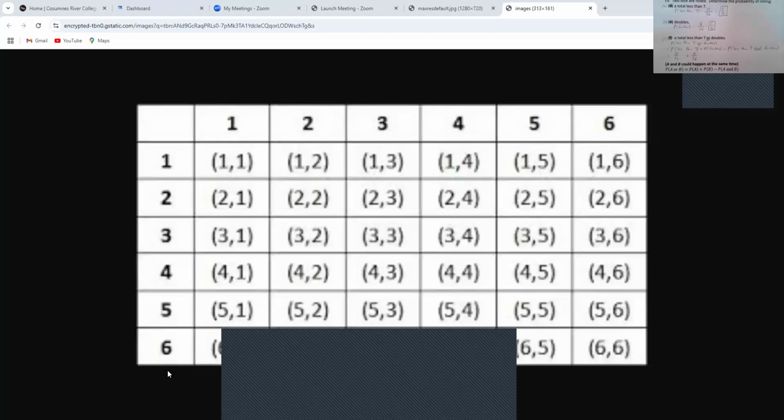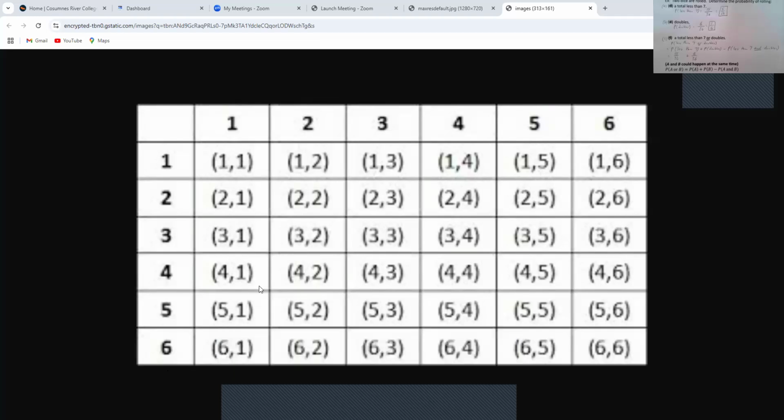So remember the ones that added up to something less than 7 were these 15, sort of on the upper left that I'm pointing to right now. Those are the 15 that added up to less than 7, right? The ones that were what we call doubles are these 6 that I'm pointing to on this diagonal right now. 15 plus 6 is 21, but I hope you understand that these 3 specifically I counted twice.